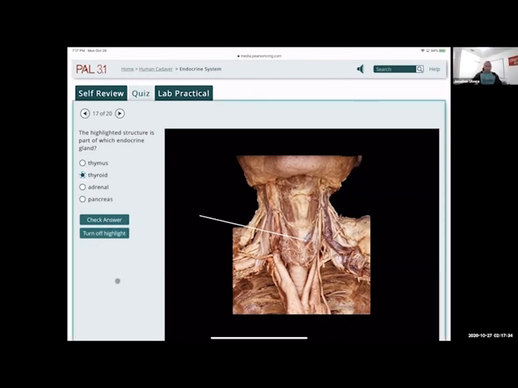The left lobe of the thyroid. Above the left lobe. The left lobe is below it. Those little structures above it. Is that one of the parathyroids? No, the parathyroids are behind it, you can't see them unless you take the thyroid out. The inferior, no. The what?